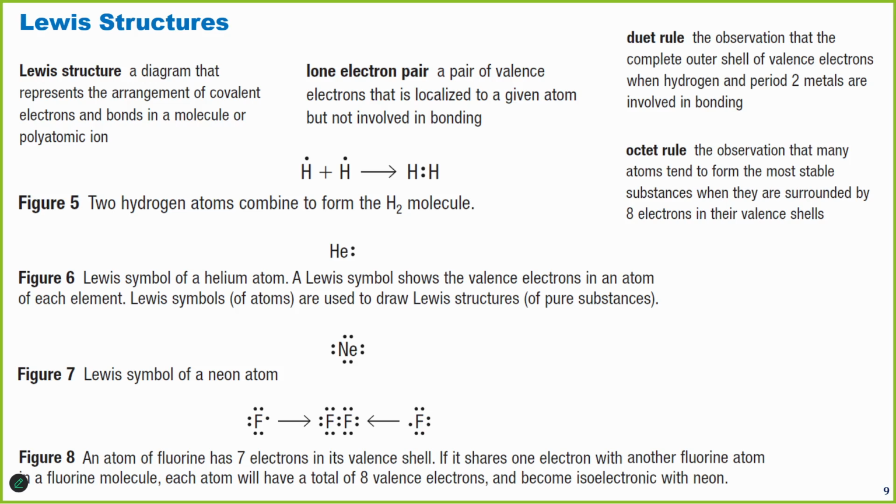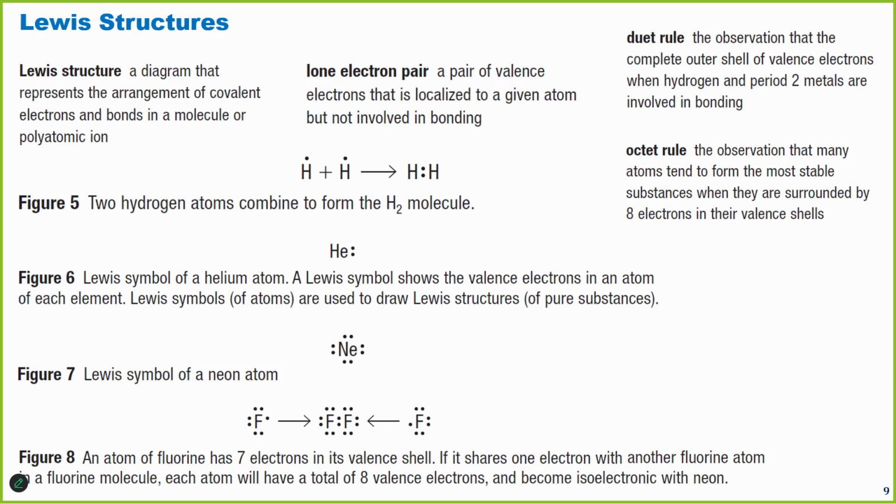Third, place 1 pair of electrons between each adjacent pair of items. Every 2 of these dots represent a bonding electron pair that forms a single covalent bond. Fourth, place pairs of remaining valence electrons as lone pairs on the surrounding items. Follow the duet rule for hydrogen items and the octet rule for all the other items.